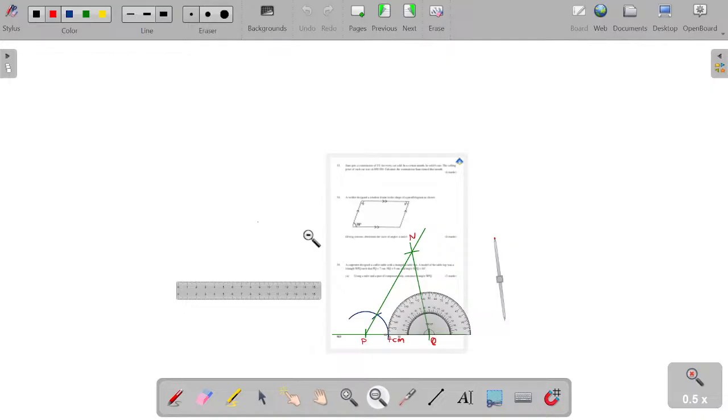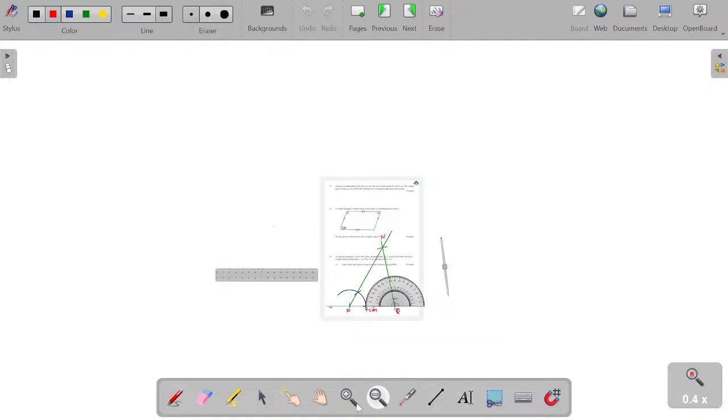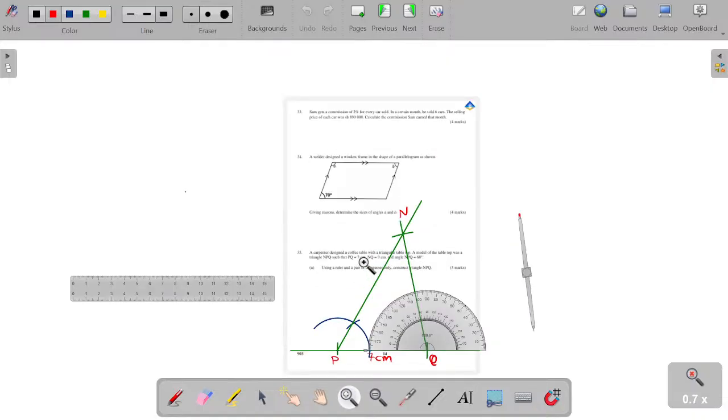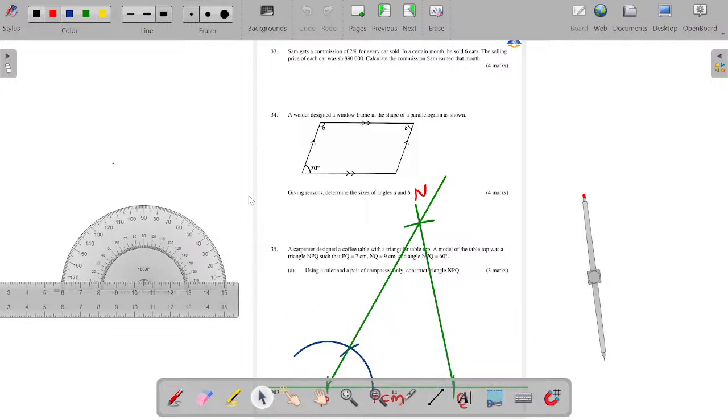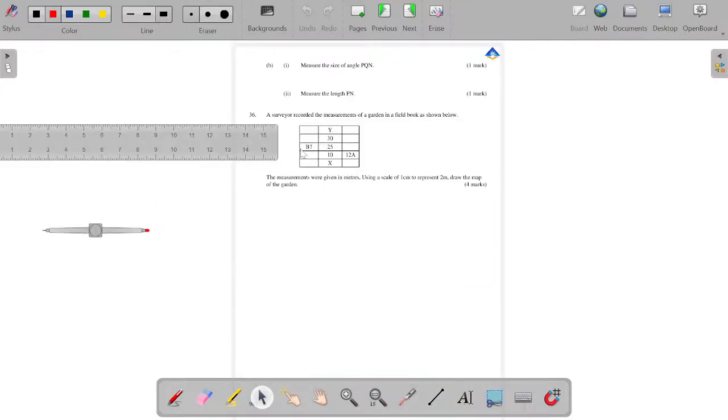So the size of that angle is 77 degrees.